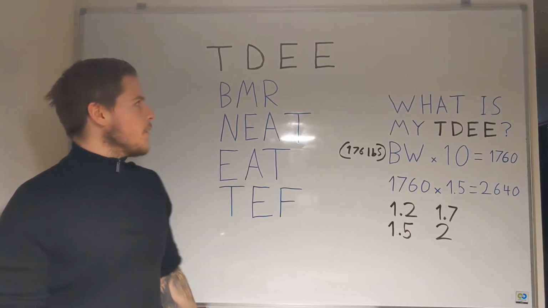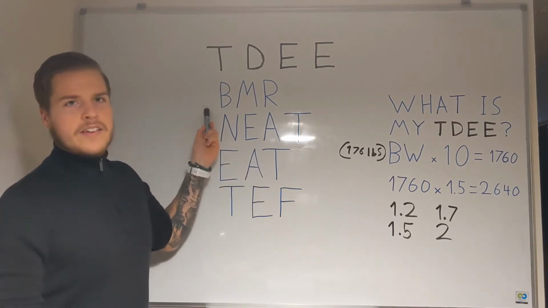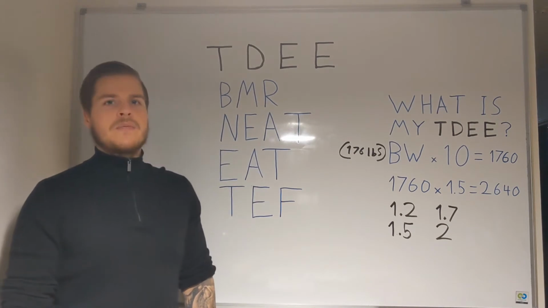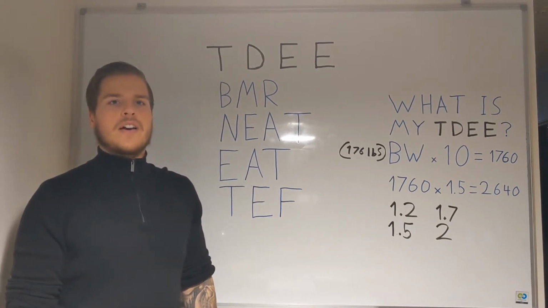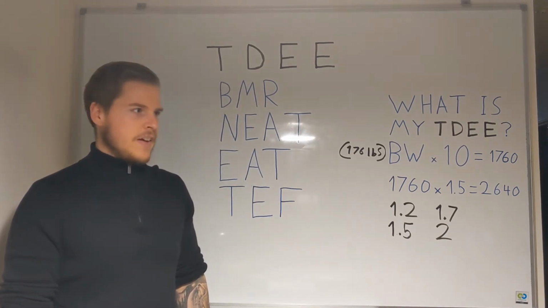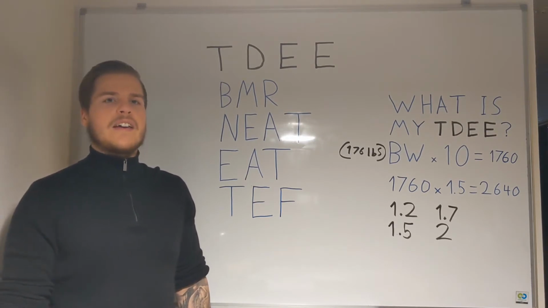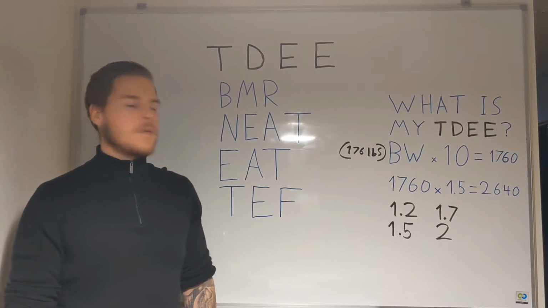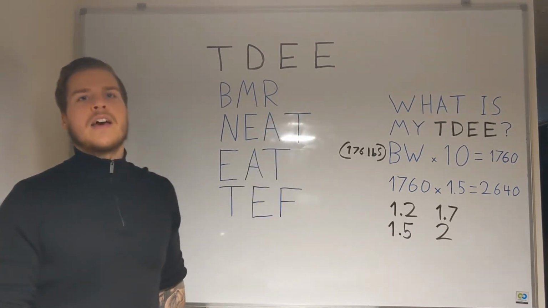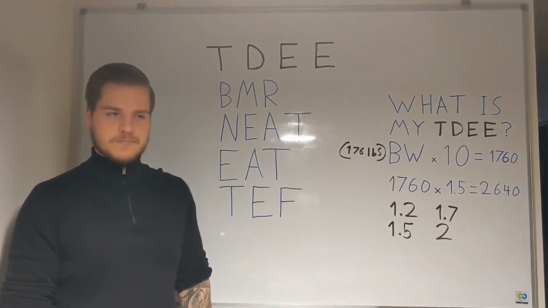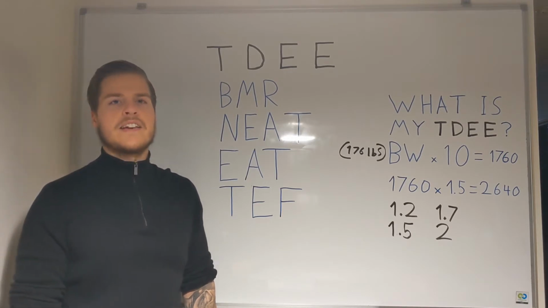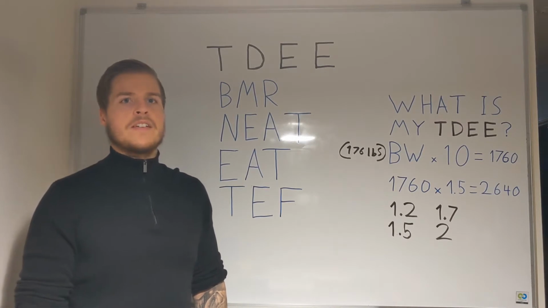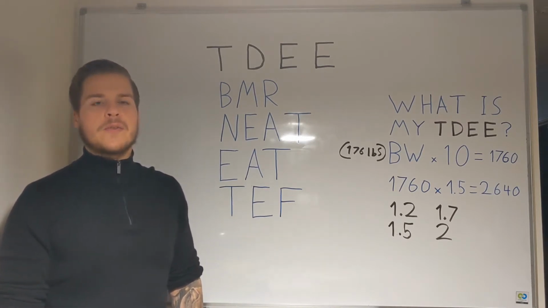The first thing that we're going to look at is basal metabolic rate, BMR. This is basically what your body requires to function. If you were to wake up today and simply lay in bed for the rest of your day, you wouldn't eat anything whatsoever, you would still burn a pretty hefty amount of calories, because your brain still requires fuel, and there are many different systems in your body that require energy.